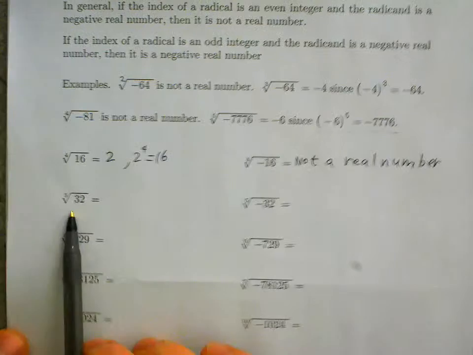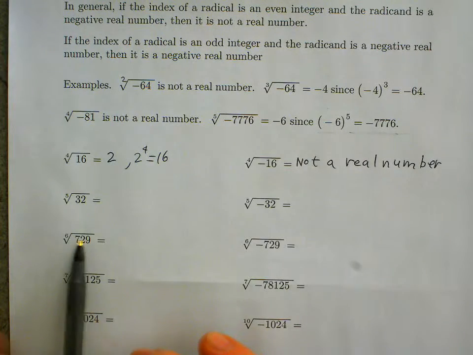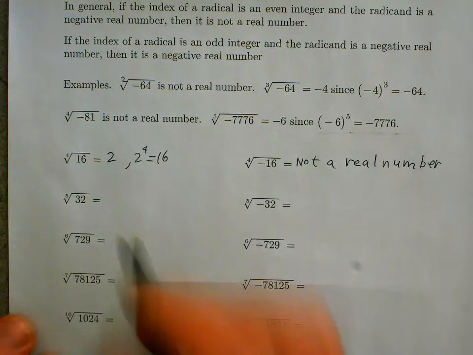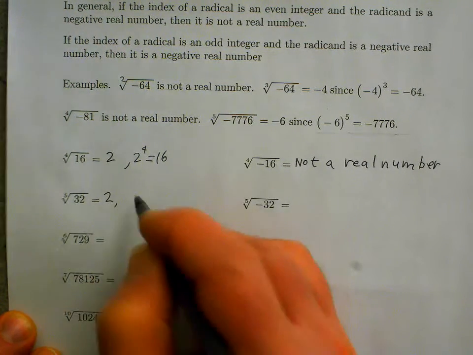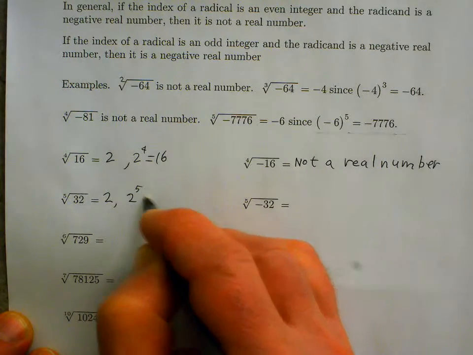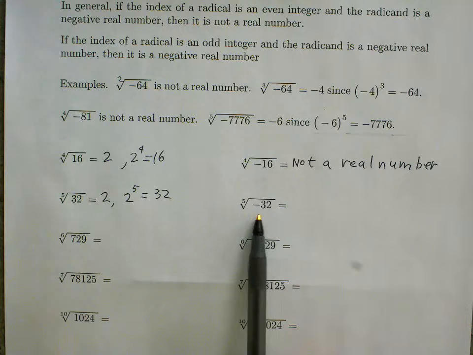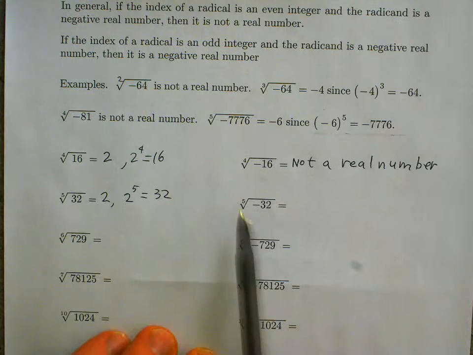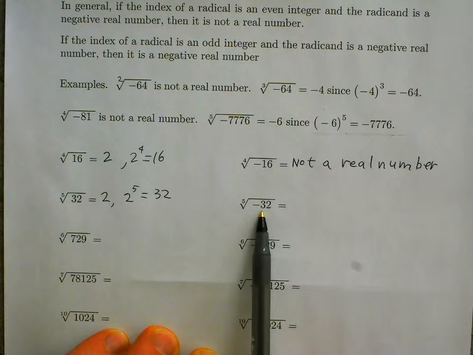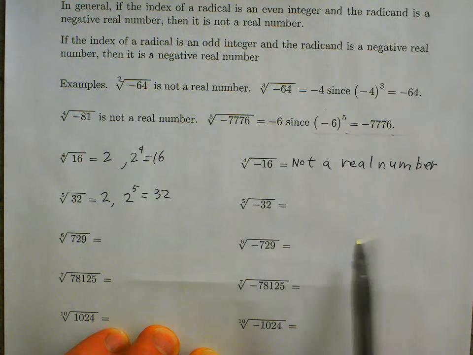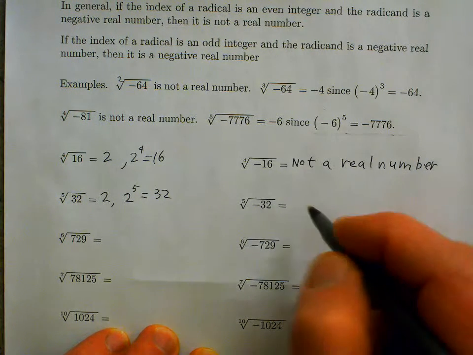The fifth root of 32 is also 2 because 2 to the fifth power is 32. And the fifth root of negative 32, the index is odd, so it's going to be equal to a negative real number.